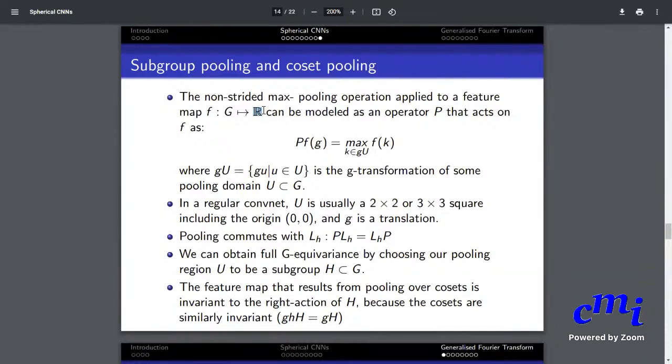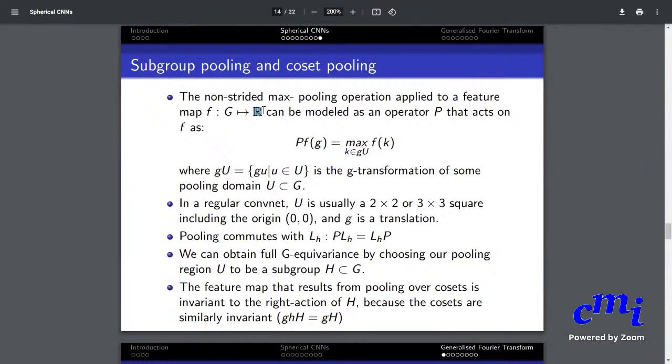Yeah. So in a standard convolutional network, pooling with stride 2 is the same as pooling and then subsampling on this H, which is the ordered pair (2i, 2j), where i, j belong to Z, the integers basically.